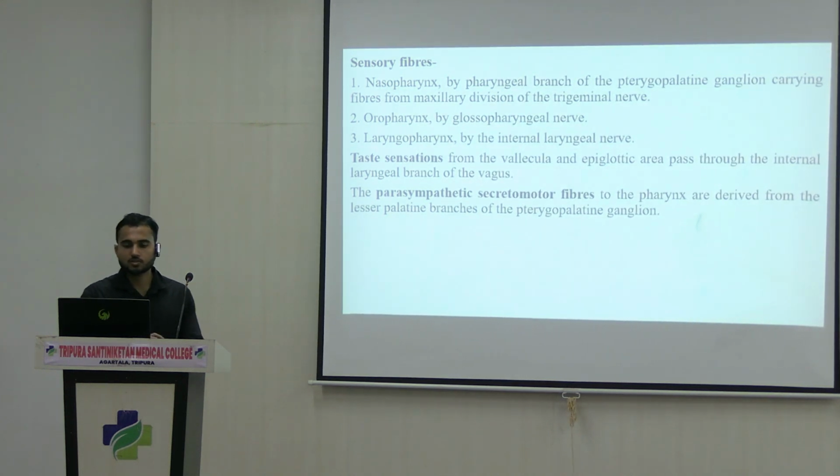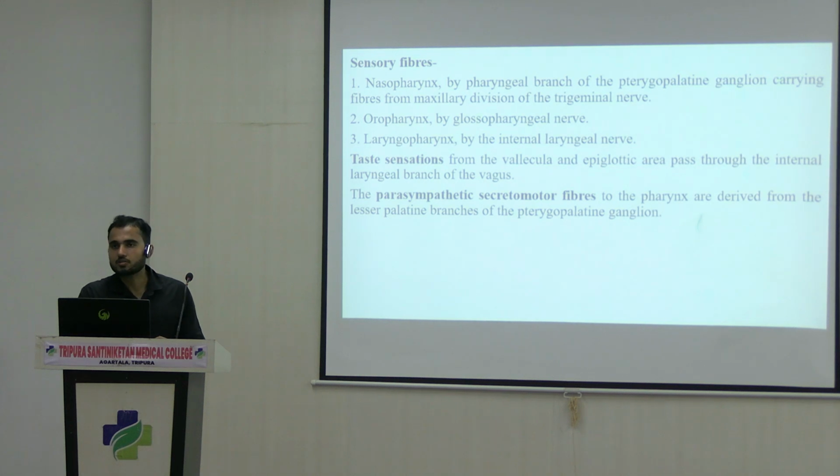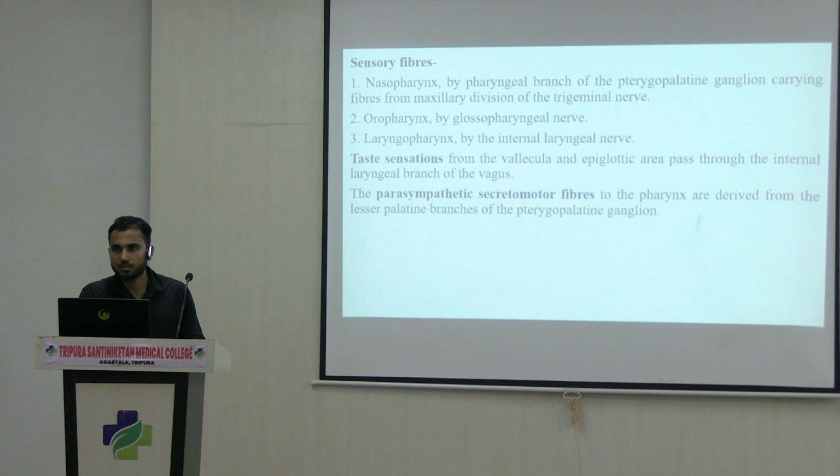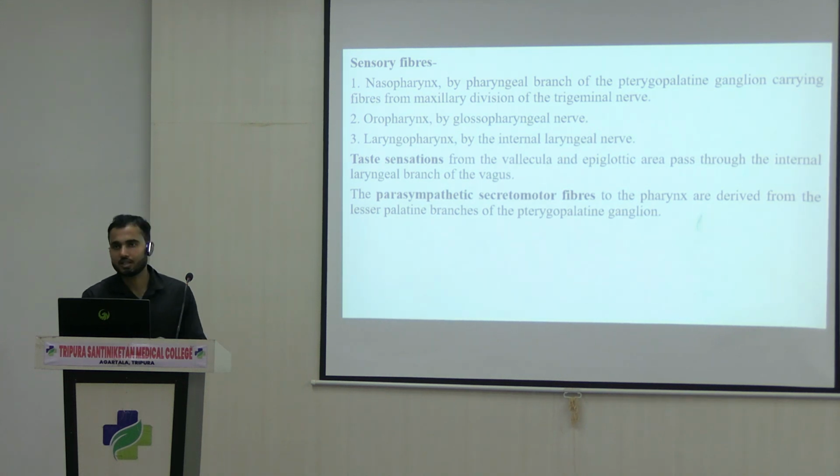Okay, that also by pharyngeal branch of the pterygopalatine ganglion. Then oropharynx by glossopharyngeal nerve and laryngopharynx by internal laryngeal nerve. Okay. Next, taste sensation. Okay, from the vallecula and epiglottic area through the internal laryngeal nerve of the vagus. That is the taste sensation.